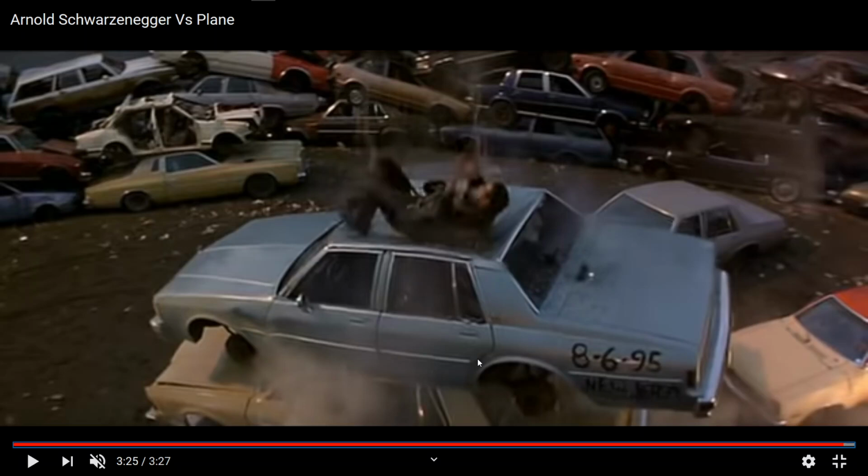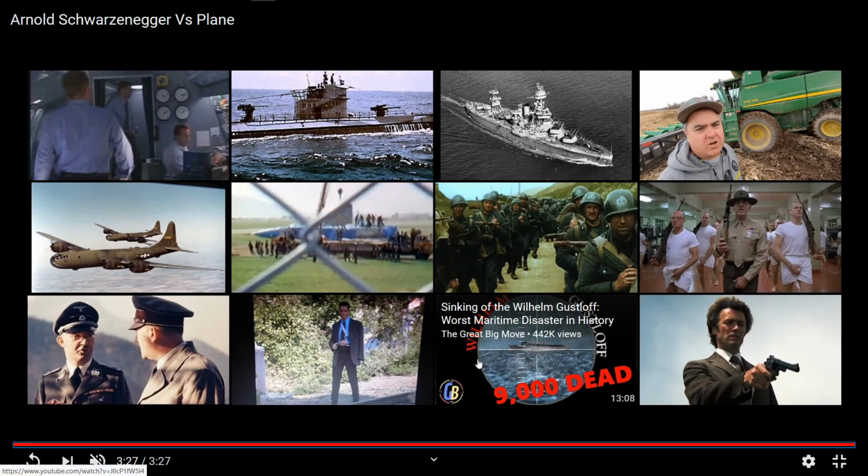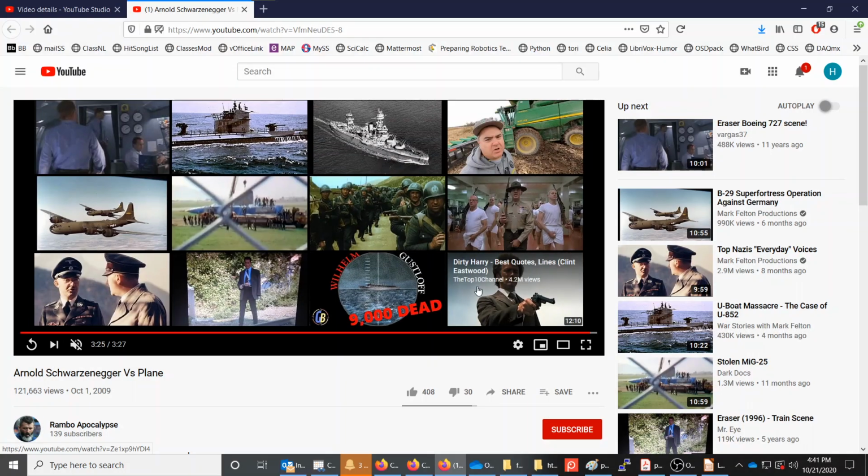He struggles with this for a while, and he finally gets untangled from the other one, and he pulls his emergency chute. Fortunately, he's got an emergency chute, and it pops open, and then he lands on this car. So that's the video clip.